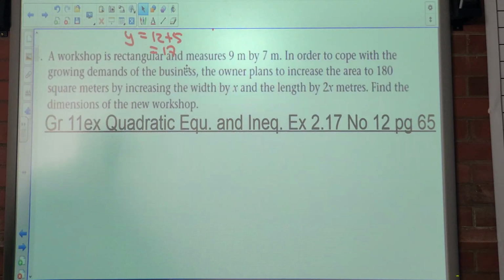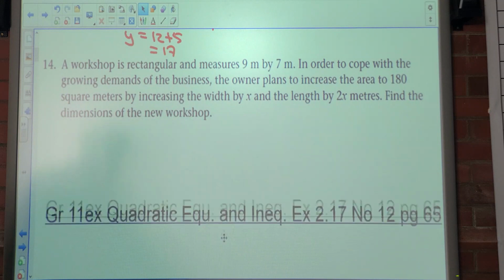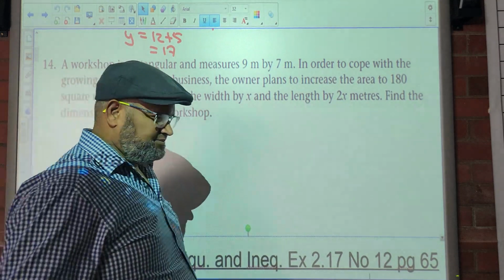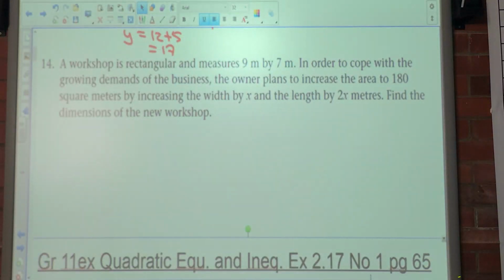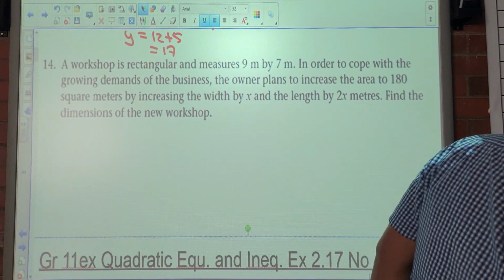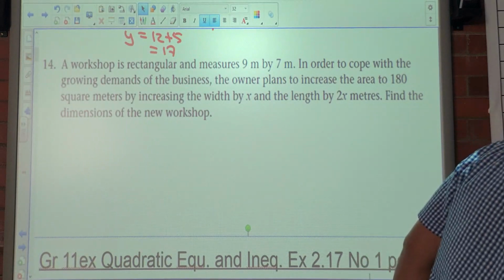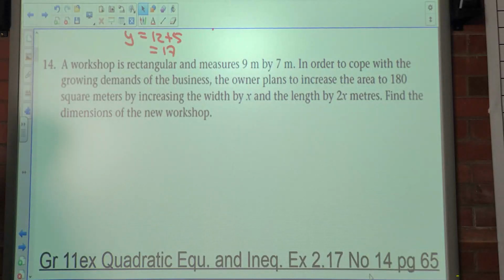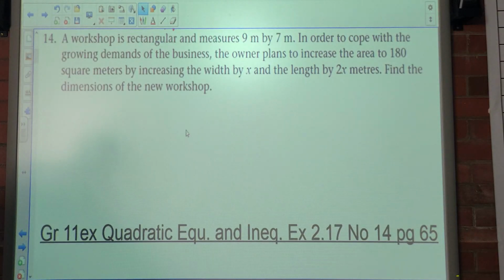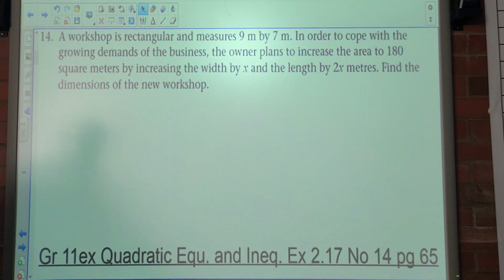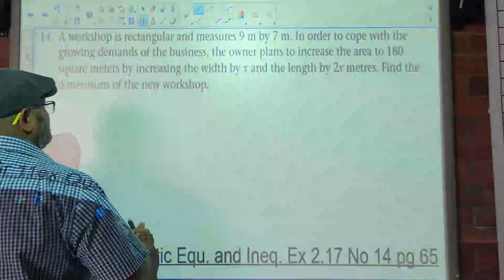Number 14. We are told that a workshop is rectangular and measures 9 by 7.